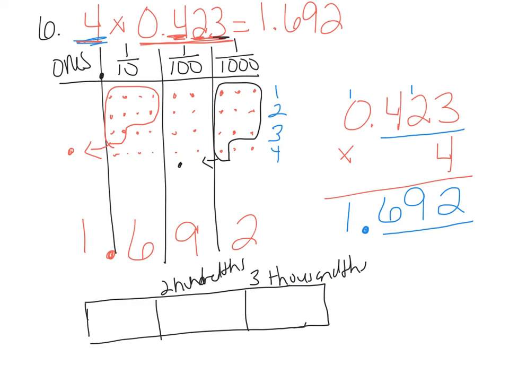And I have 4 tenths. I don't even need to write the ones because there's nothing in that place value. And then I need 4 copies of the 423 thousandths. So I'm going to put the 4 over to the left. So now 3 times 4 is 12. So I have 12 thousandths.